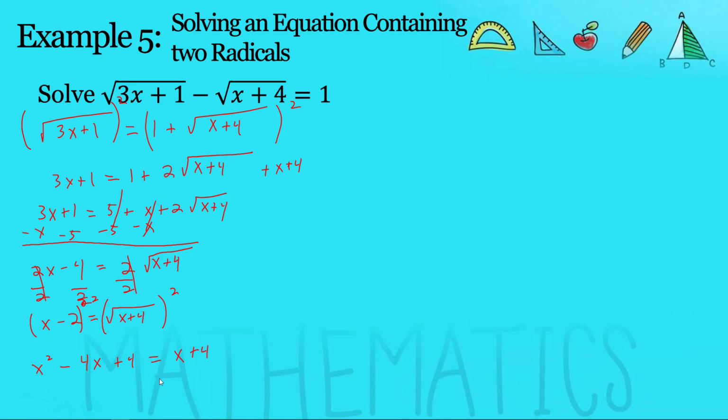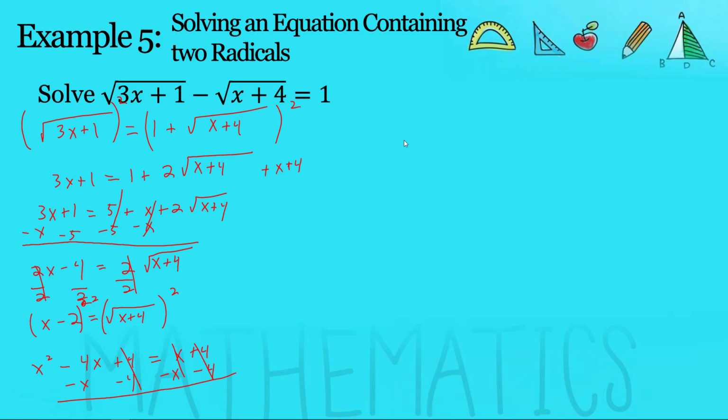I can subtract x from both sides. I can subtract 4 from both sides. If I do, these cancel, these cancel, these cancel.